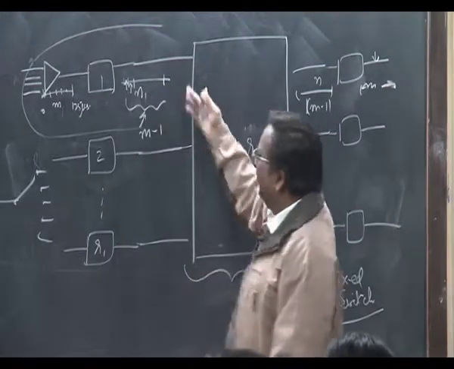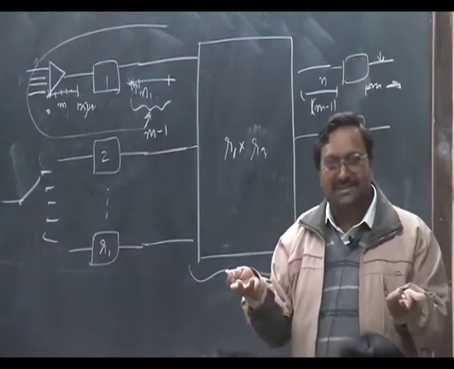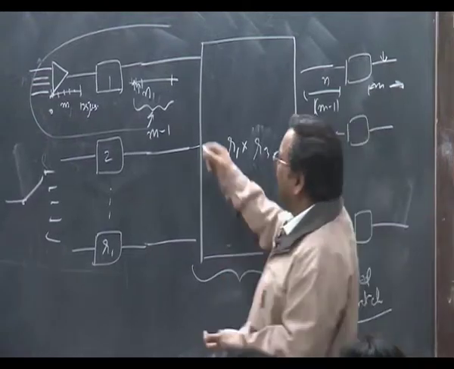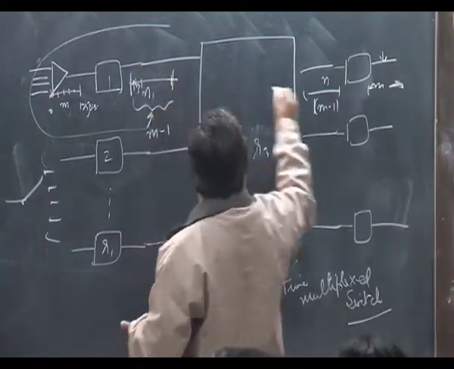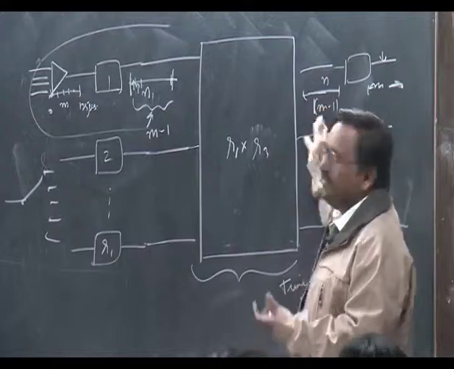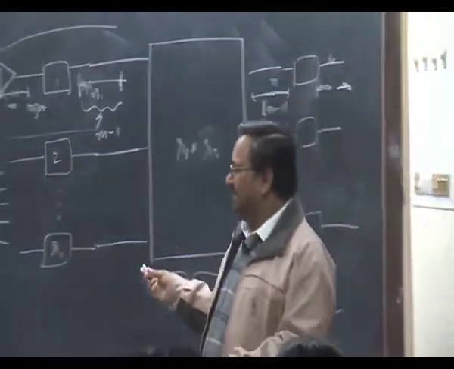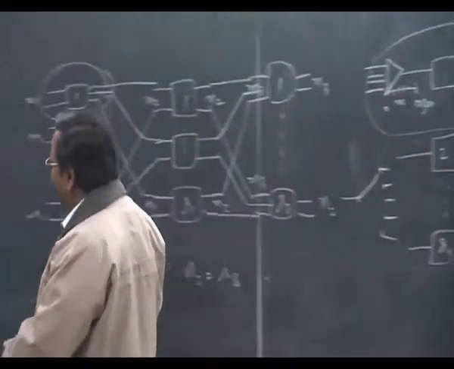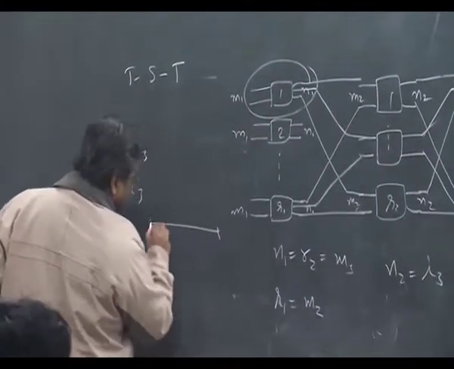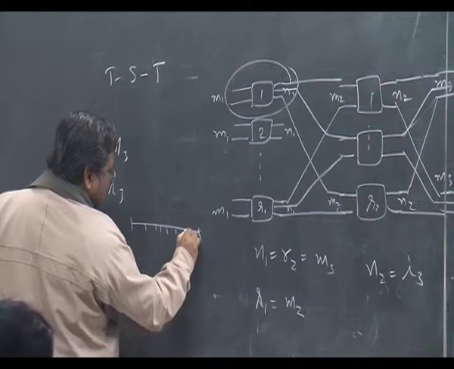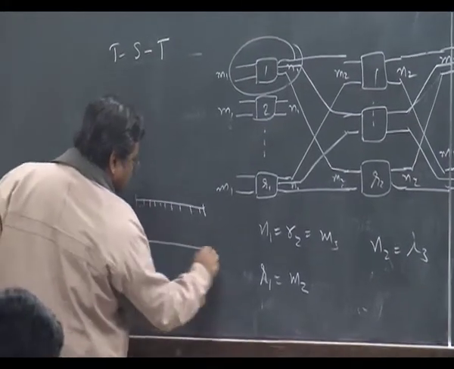And this switch is operating as some switch in every slot. In the worst case scenario, if you look at this particular frame and this frame, the occupied slots may not have any overlap. Okay, they will be like this. If you take these two slots, this is another one.